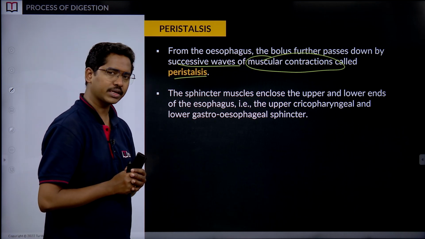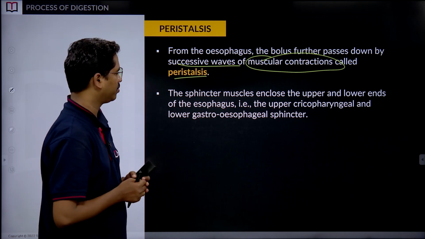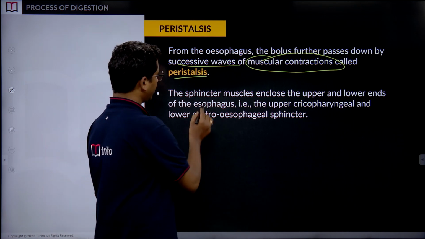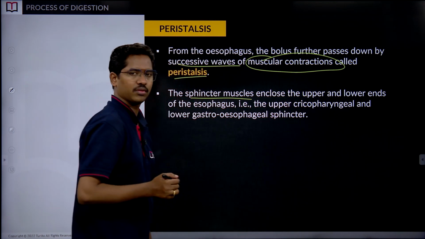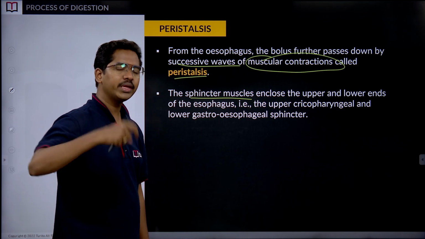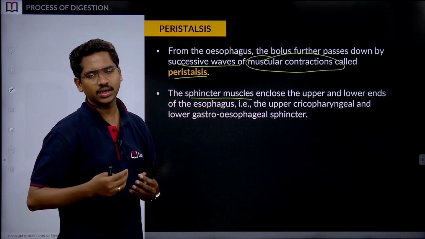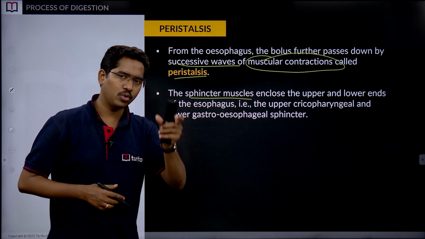You cannot expect the food to enter the esophagus just like that; it is not possible. There lies a regulator here, the sphincter muscle, at the top of the esophagus, at the beginning of the esophagus. The moment the bolus is trying to enter the esophagus, there is a small opening, right.